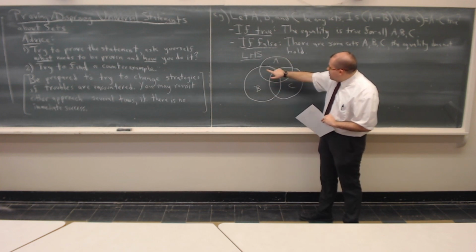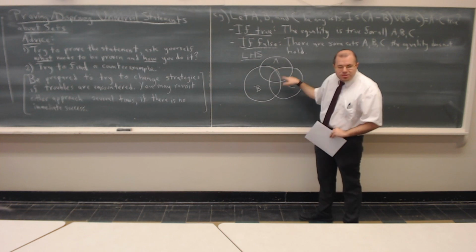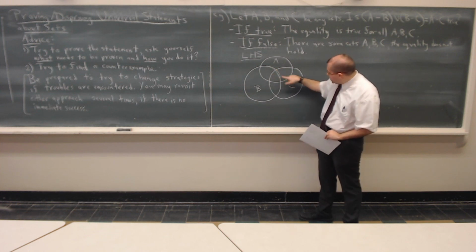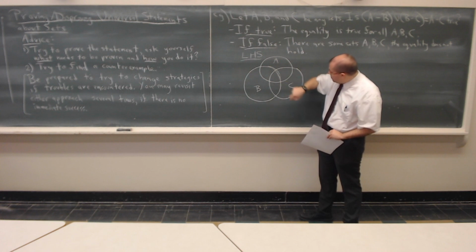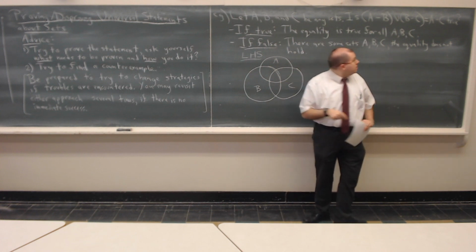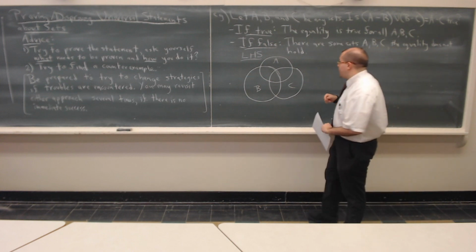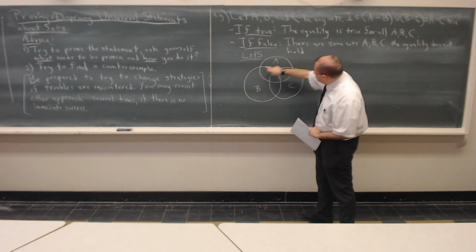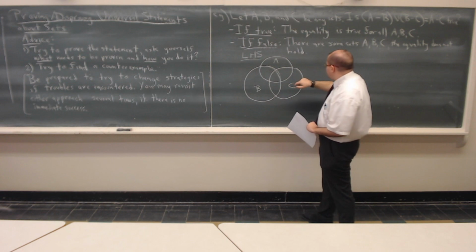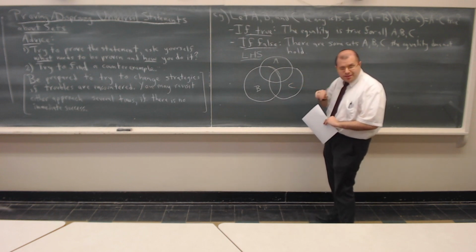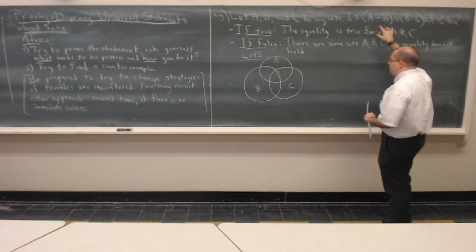So we know there's nothing within these 2 regions that are intersecting at these 2 spots, this one and this one, because A set minus B would remove the elements that are related to B from A. So that's what this will look like, right?